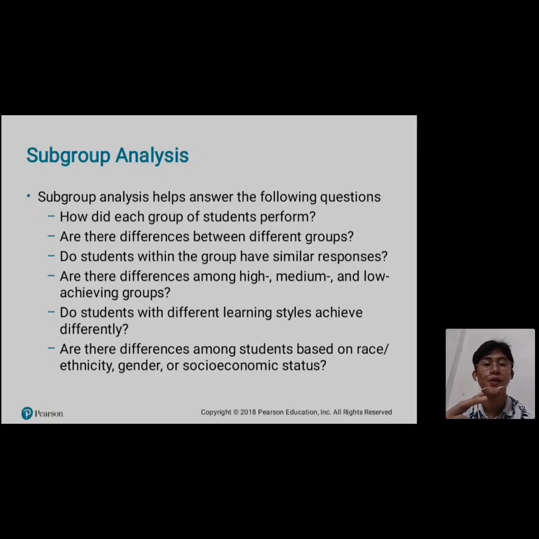Okay, so do students with different learning styles achieve differently? As a future teacher and as a pre-service teacher, I can say that students with different learning styles achieve differently.